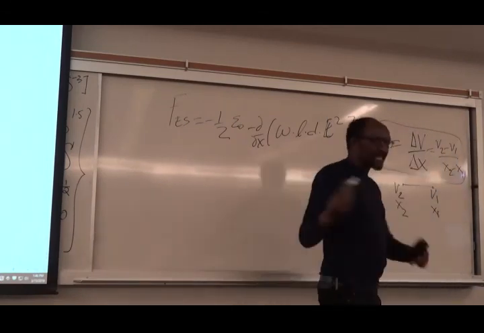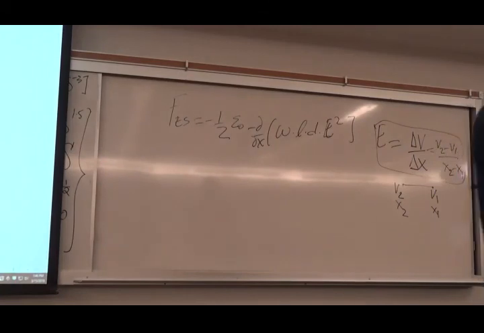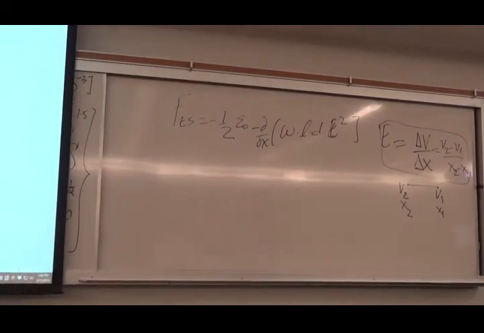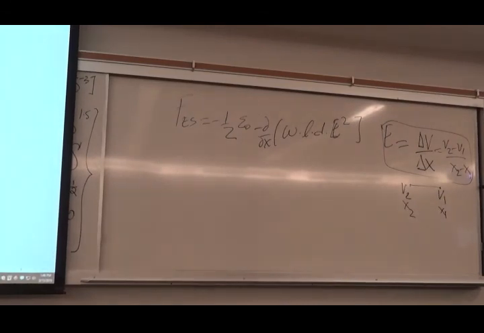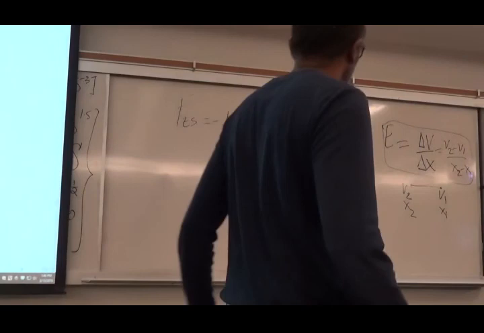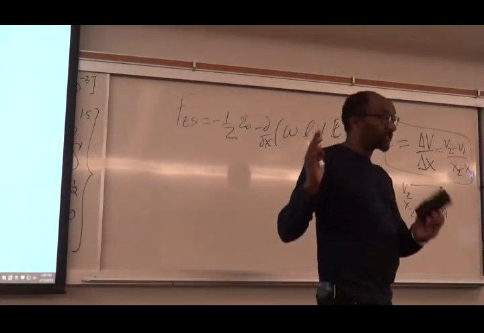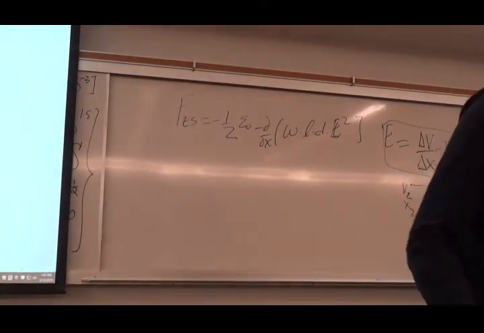I come back to this again and again. In fact, ME 610 people, I like this concept, so I'm going to ask you this eventually. Okay, so electric field is voltage gradient, delta V divided by delta X.